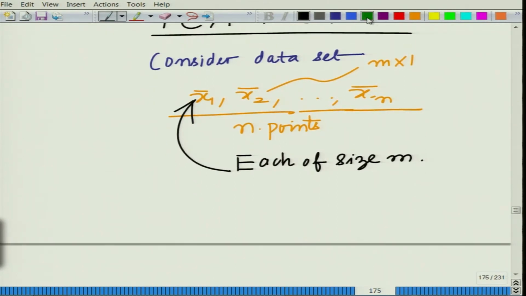Now, first we remove the mean. Let me call these x tilde 1, x tilde 2, up to x tilde n.